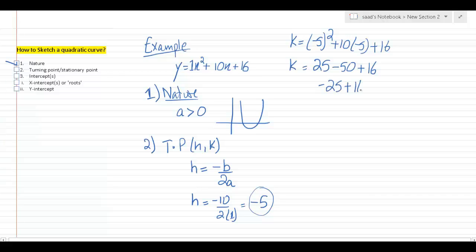Negative 25 plus 16 is minus 9. So this means that the turning point of the quadratic curve will be (-5, -9).